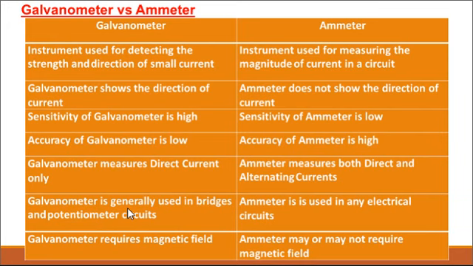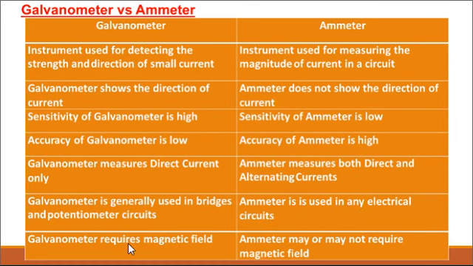Galvanometer is generally used in bridges, Wheatstone bridge, and potentiometer circuits. But ammeter is used in any electronic or electrical circuit.